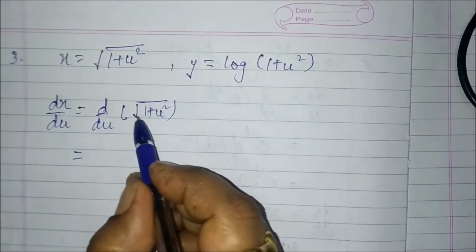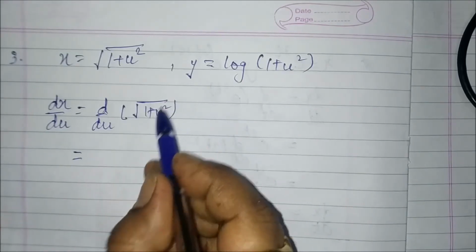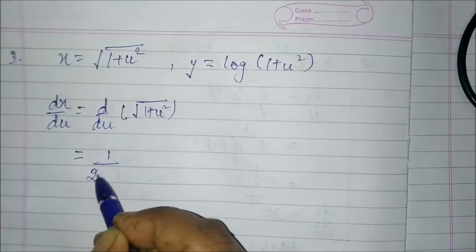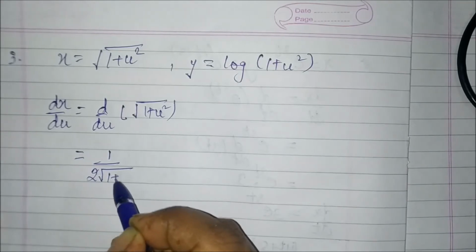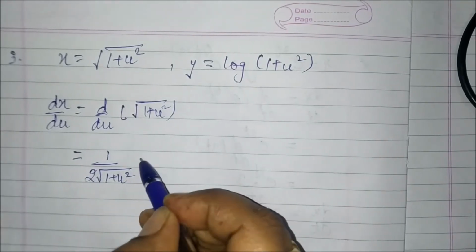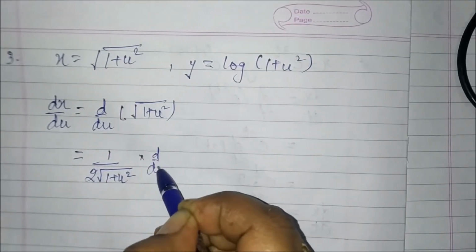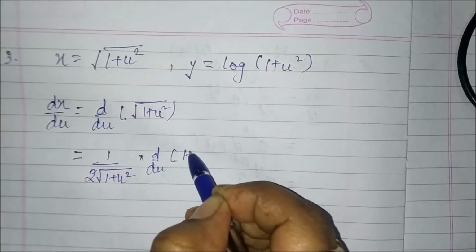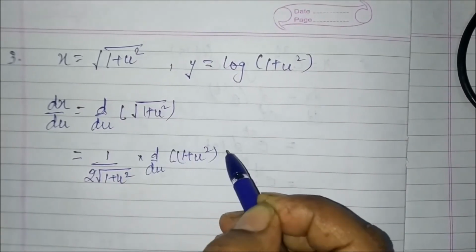Now the derivative of root x is 1 upon 2 root x, but d by du of 1 plus u square.